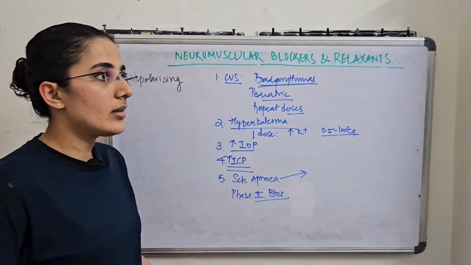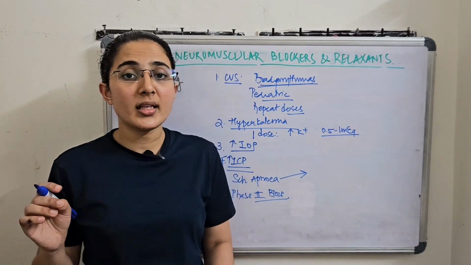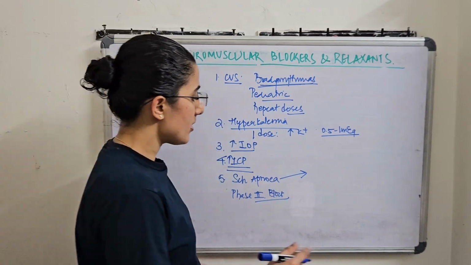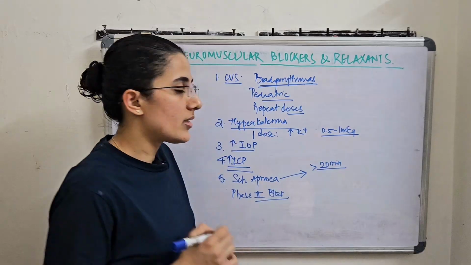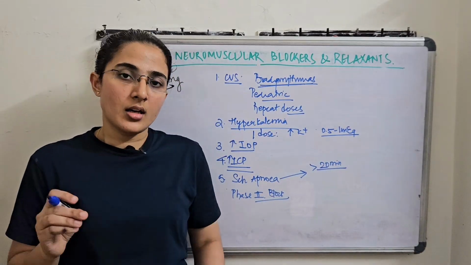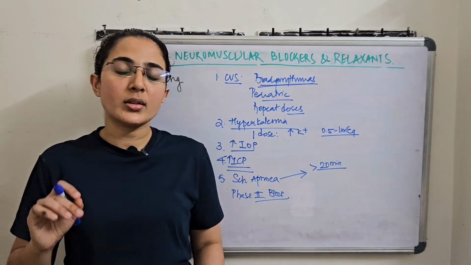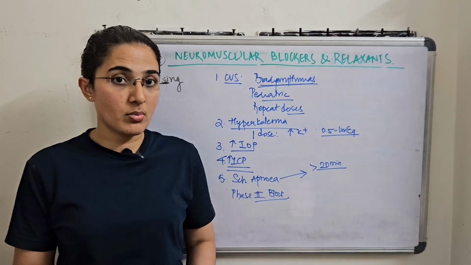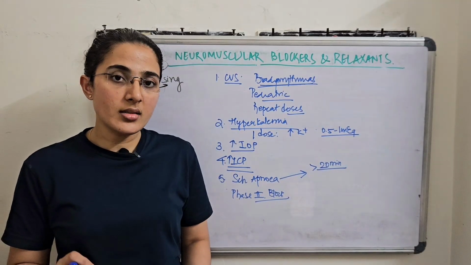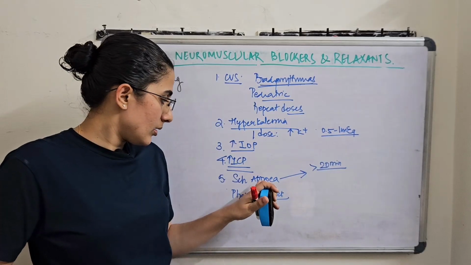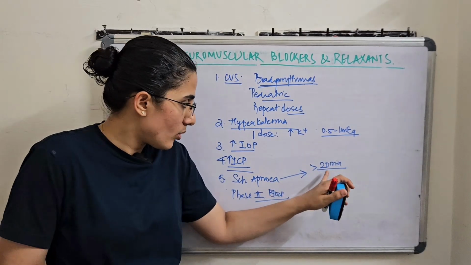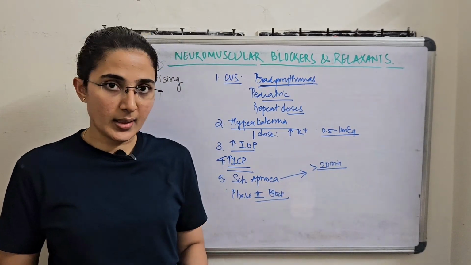Scholen apnea is basically apnea which occurs for more than 20 minutes after a single dose of succinylcholine at a dose of 1 to 1.5 milligram per kg body weight. It is called as Scholen apnea.